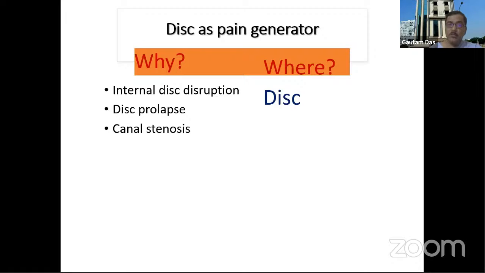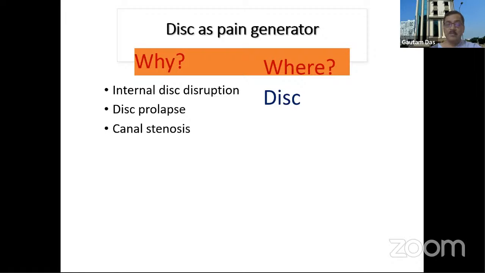So the inclusion criteria was healthy individuals who never ever had any back pain. And then MRI was done. And do you know what the finding was? 50% of them had disc collapse, and 28% of them had a large extruded disc. Those who never ever had any back pain.